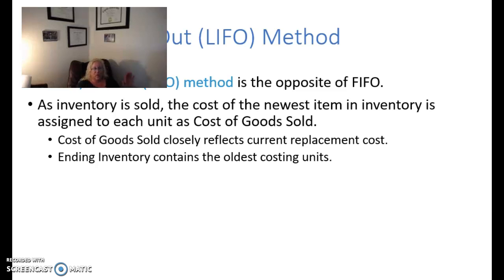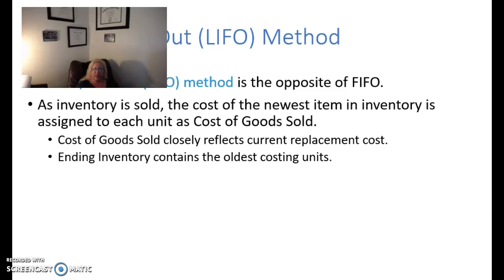Okay, if you did FIFO and LIFO and compared the two, your ending inventory for LIFO is going to be lower than your ending inventory for FIFO, right? So this is just a concept to get in your head and understand. And this is why people would choose one or the other.